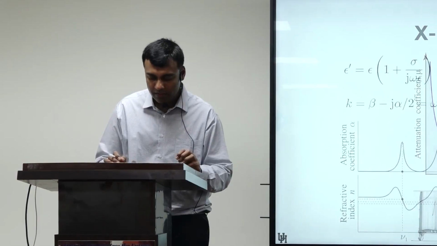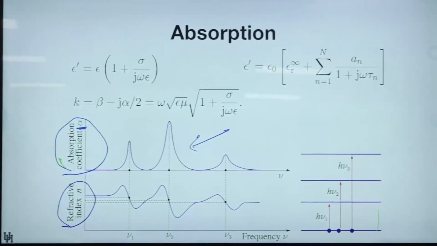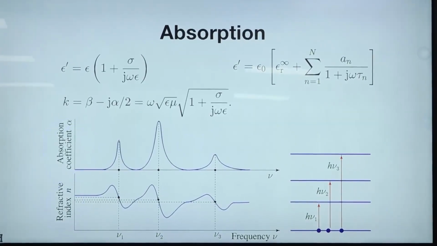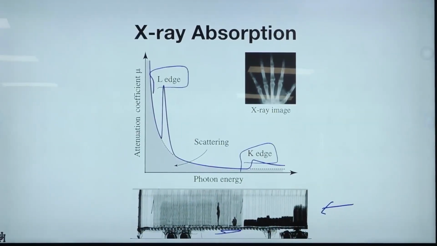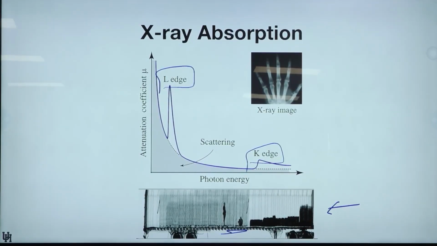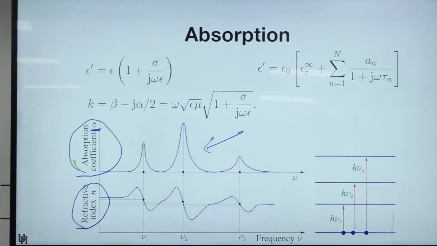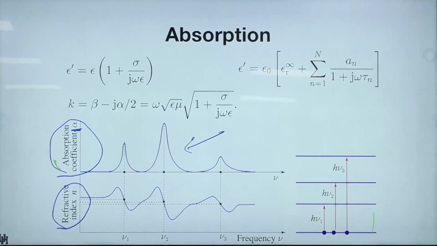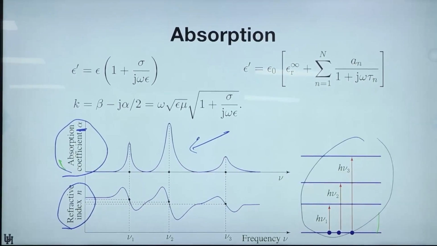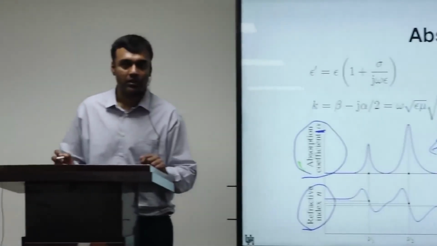So this kind of a plot for X-rays looks something like this. These are X-ray, not MRI. This is for optical absorption. Yes, so these are for electronic transition states or molecular transition states, something of that kind.